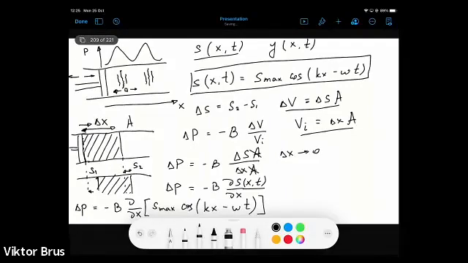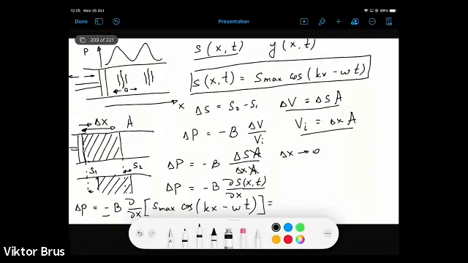Okay, so when we take this derivative, we will get the following. So we have minus here in front of B. And when we take the derivative of cosinus, it will give us minus sinus. So this minus and minus will cancel each other.